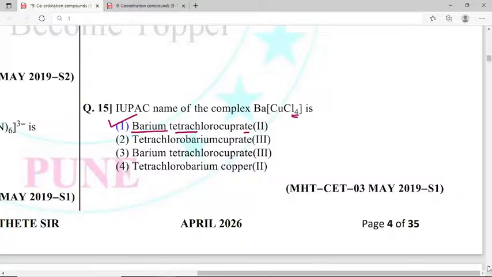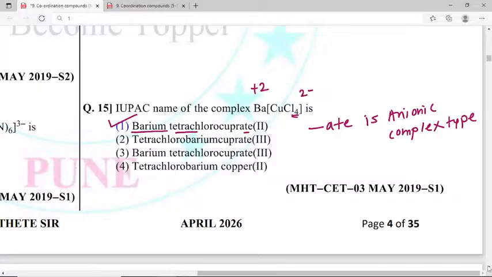ATE stands for anionic complex. So what is the ATE? Ending ATE is the anionic complex. Anionic complex type. Then how to calculate the oxidation state? So oxidation state of Ba is always plus 2. So overall complex has a minus 2.